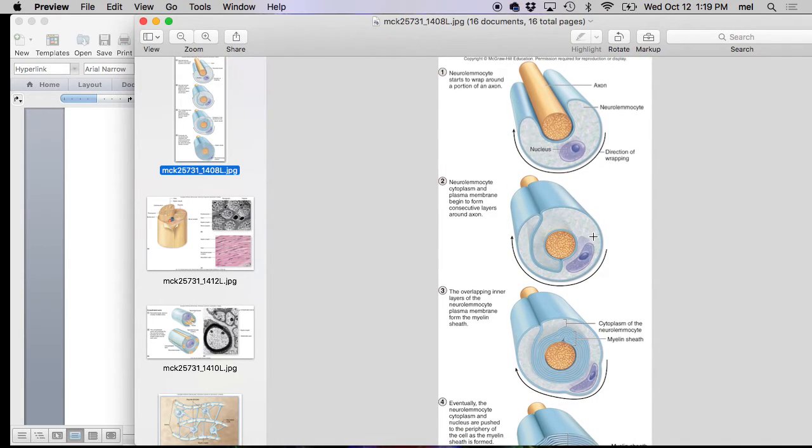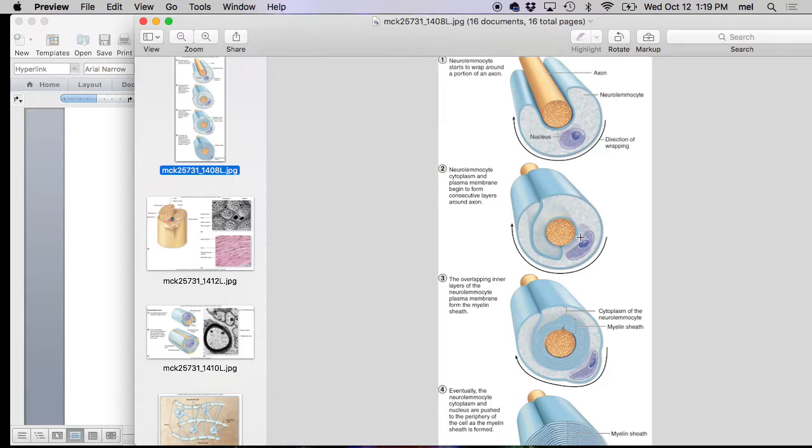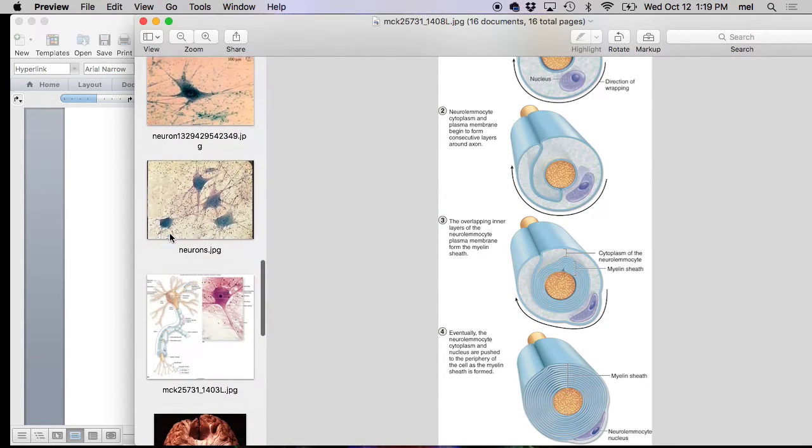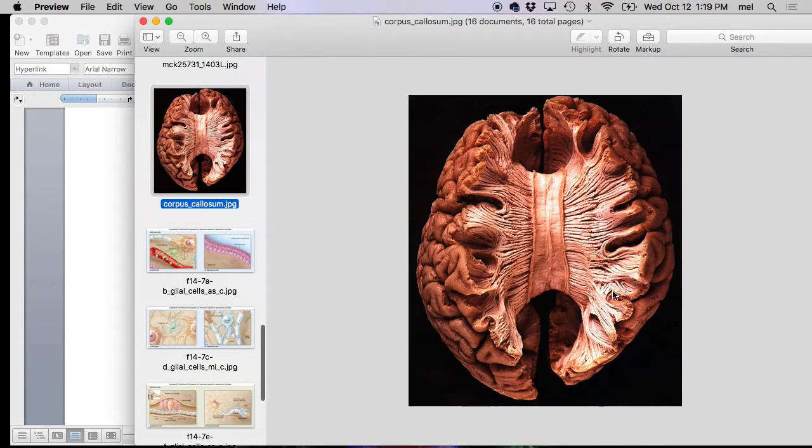So why does it tend to look white and tend to make tissues look white? Well, if I have one layer of saran wrap, of course it can be translucent, right? But what about a whole roll? That's not translucent. You can't see through it, right? So wherever you have a lot of myelination, it tends to make the tissue look white, like this, right?